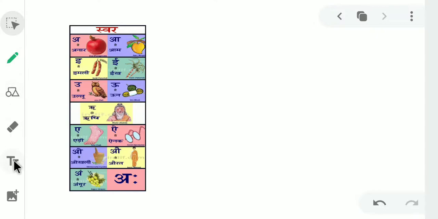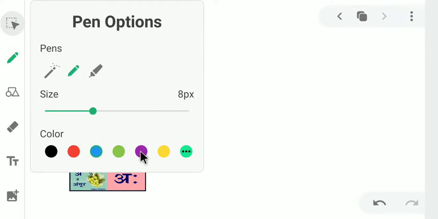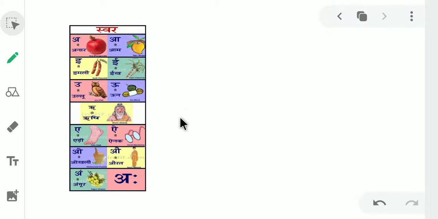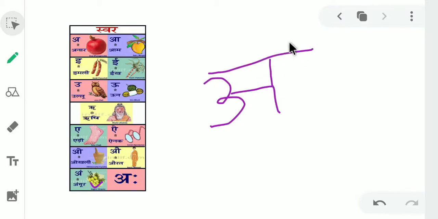Now I am going to write ang. Ang you can write it like this, and give a dot over here, and this is ang.